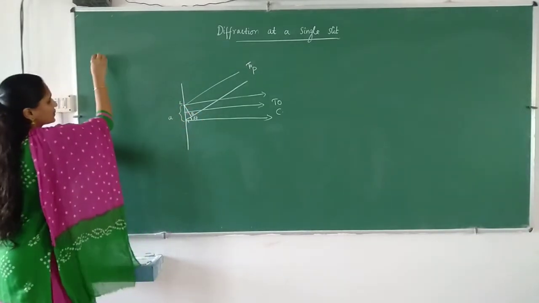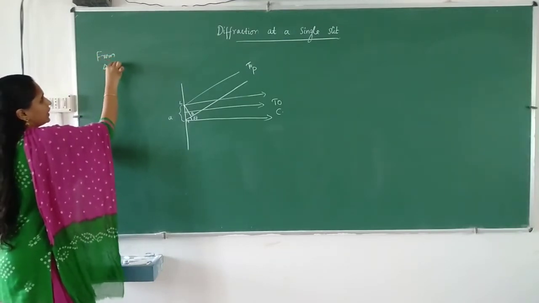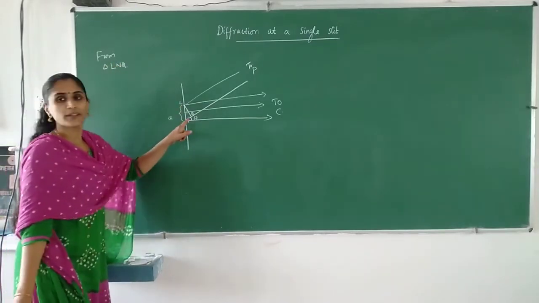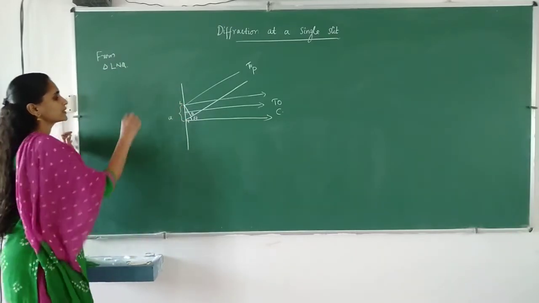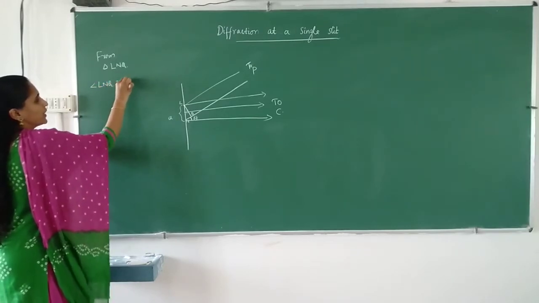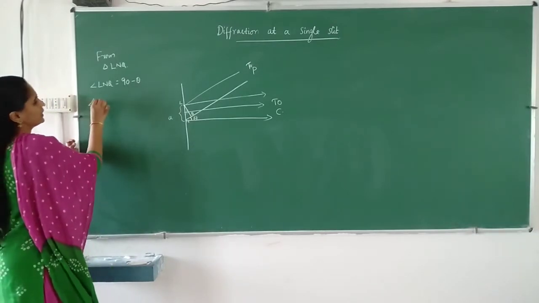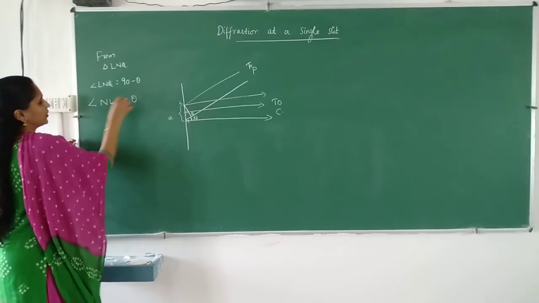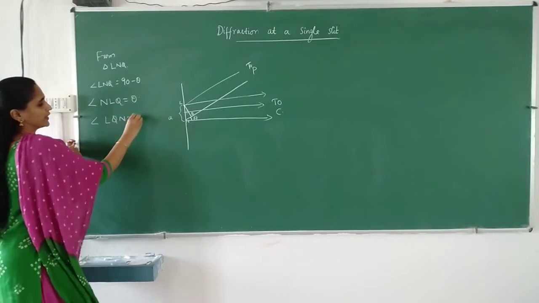So we can write from triangle LNQ, if you are considering the triangle LNQ, angle LNQ can be written as 90 minus theta, because angle LQN is equal to 90 degrees.